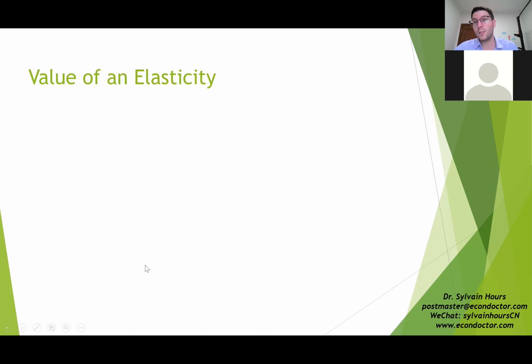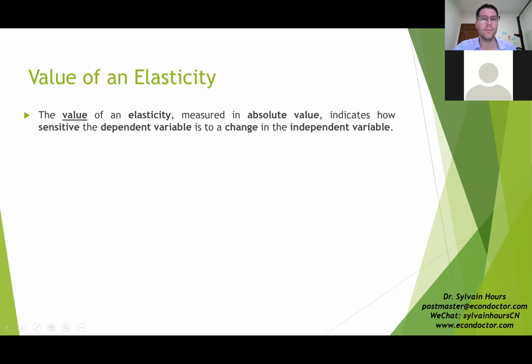But once we know whether we have a positive or negative relationship between the two variables, we can wonder how strong the relationship is. Is this a weak relationship, or a very strong relationship? If we want to answer that question, we must look at the value of the elasticity.